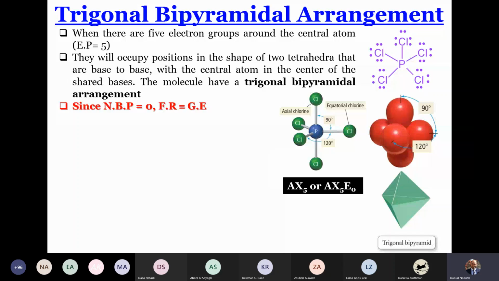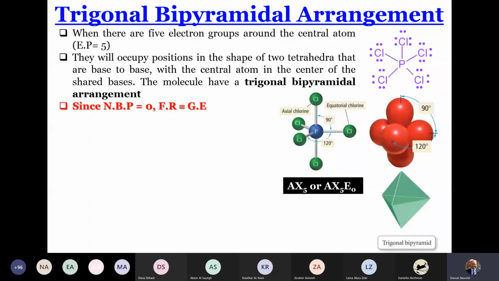What is the type of this structure? The type is AX5, or AX5E0. So as a conclusion, if you have a molecule and you want to find the figure of repulsion and the geometry, you first draw the Lewis structure and transform it to the AXE notation.